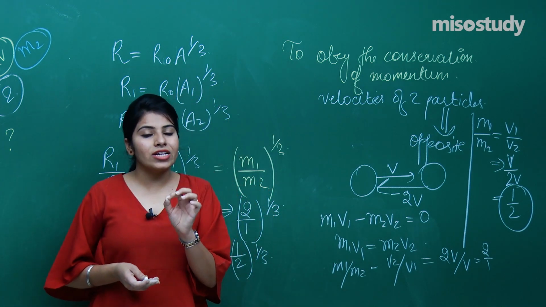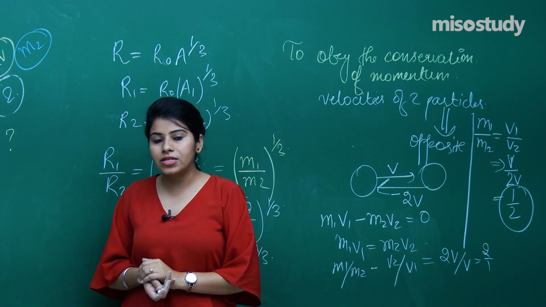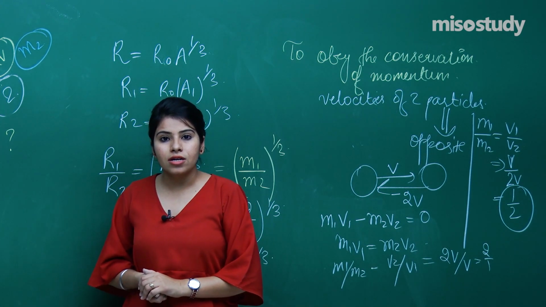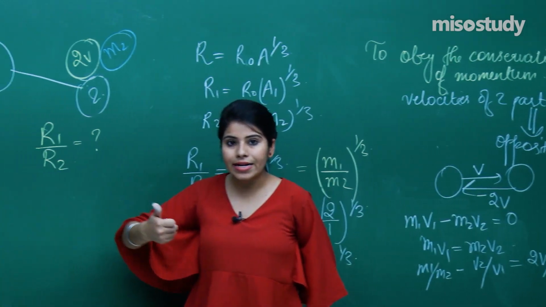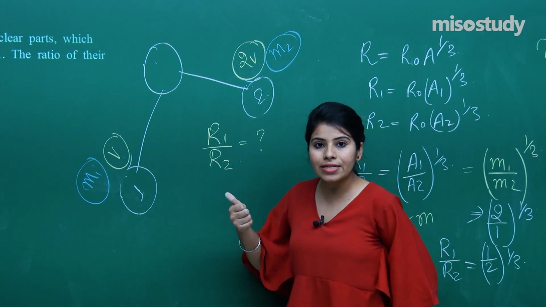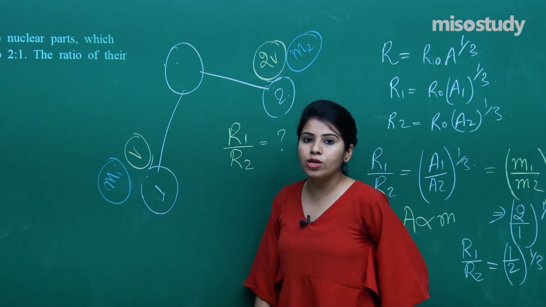If you know the relation that the heavier the mass, the slower the velocity, and the lighter the mass, the more the velocity. So if my m1 is greater, my velocity should be v, and if my m2 is greater, my velocity for this should be 2v. So you have to keep that in mind.